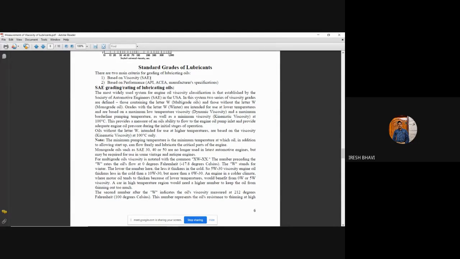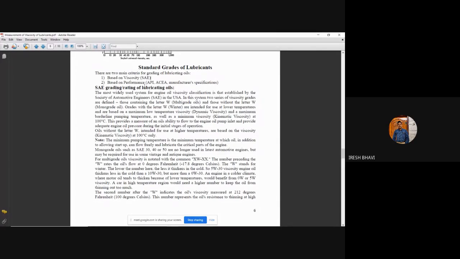But there is another grading of lubricating oil, that is called API, American Petroleum Institute, and ACEA or manufacturer specification. These are based on performance of the lubricating oil. Okay.